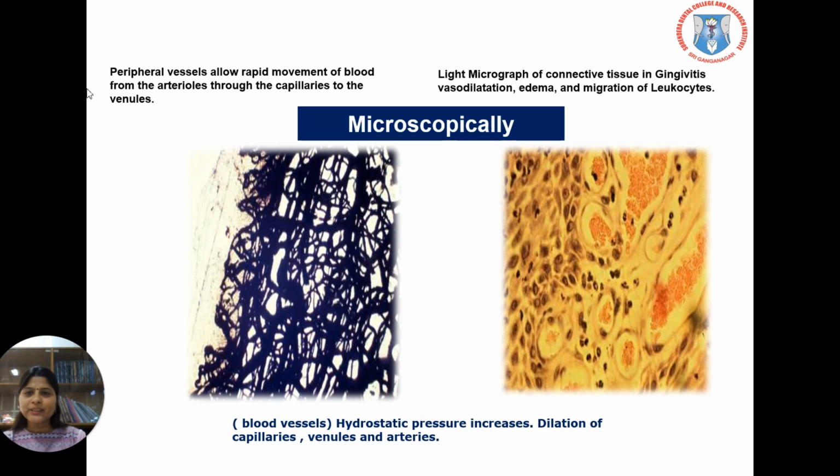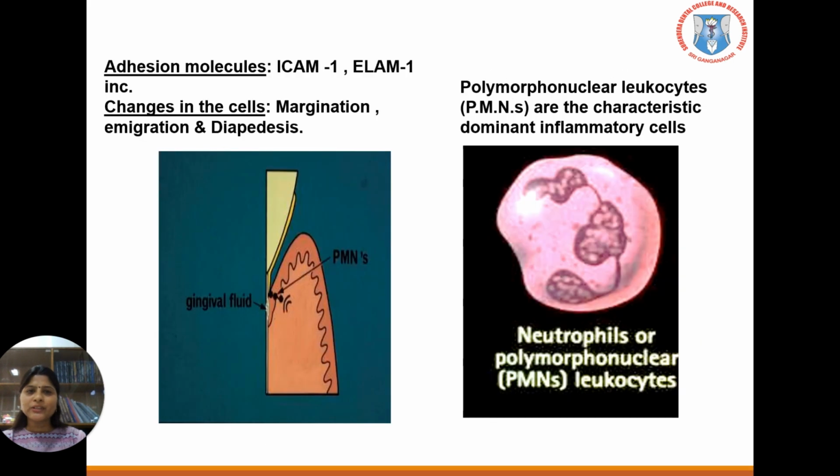Now the changes seen because of the inflammation are in the blood vessels. The peripheral vessels allow the rapid movement of blood from the arterioles through the capillaries to the venules. In the connective tissue of the gingiva, there will be vasodilatation, edema as well as migration of leukocytes. The predominant cells during the initial lesion will be the PMNs or neutrophils, which are the first line of defense in the inflammatory process.